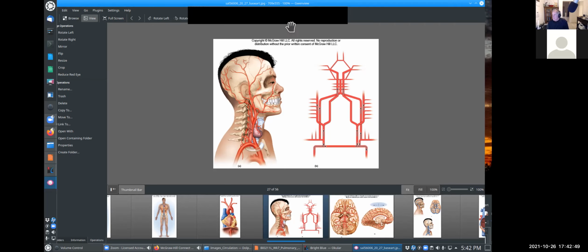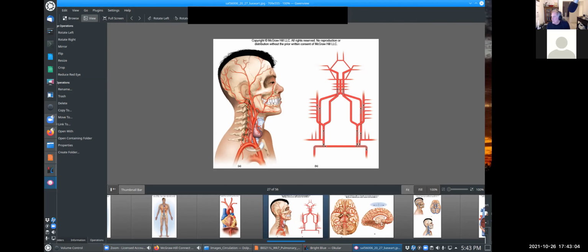I think that's probably as deep as they're going to get on the intracranial arteries, probably the circle of Willis.